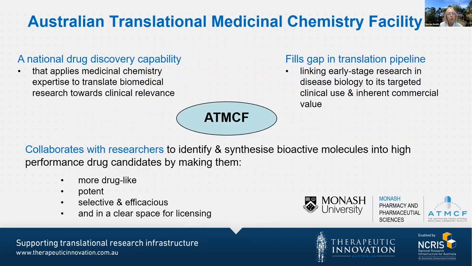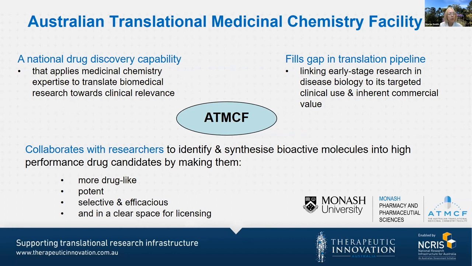So the Australian Translational Medicinal Chemistry Facility is a national drug discovery capability that applies medicinal chemistry expertise to translate biomedical research towards clinical relevance. It fills the gap in the translational pipeline, linking early stage research in disease biology to the targeted clinical use where there is then inherent commercial value.